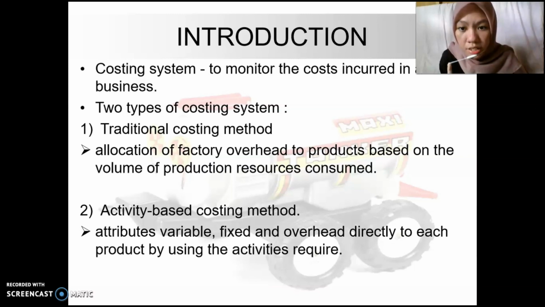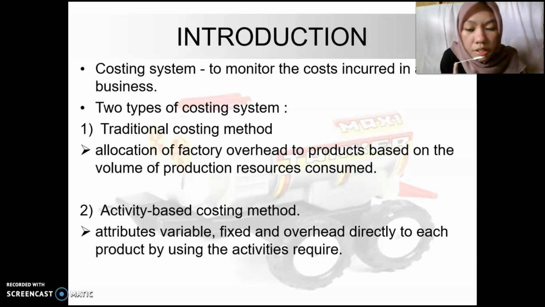The traditional costing method is an allocation of factory overhead to products based on the volume of production resources consumed.